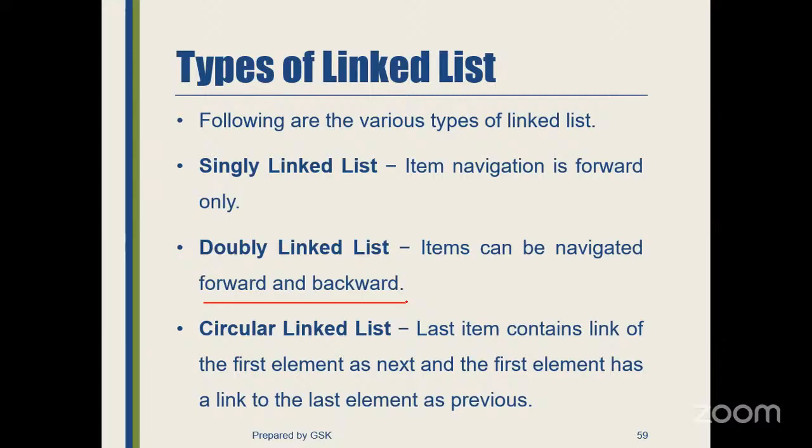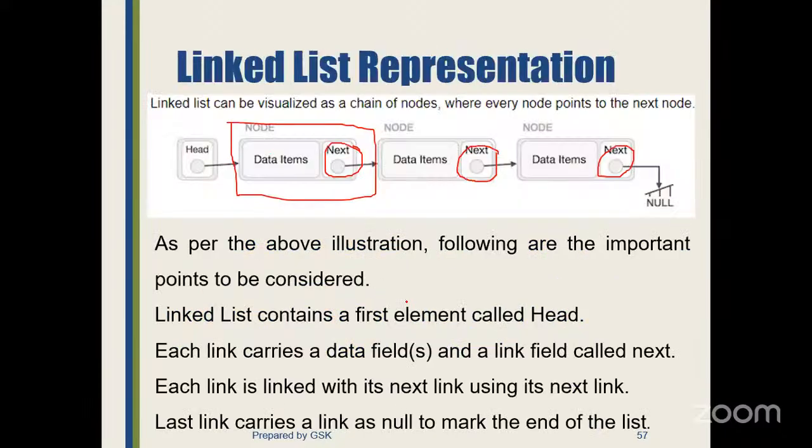Circular linked list. Last item contains link of the first element as next, and the first element has a link to the last element as previous. The meaning is, as we have seen in the singly linked list, there is no connection for head because this is the first one, and the link ends here because we are at the last node.